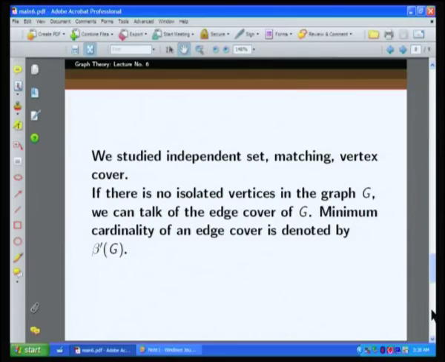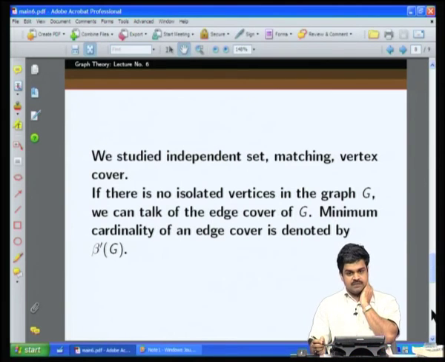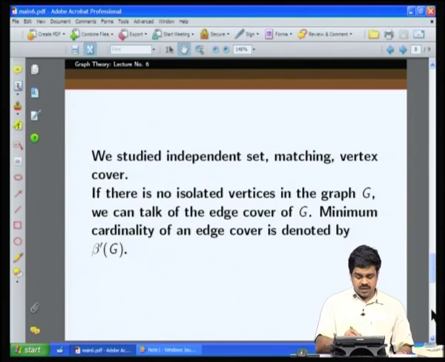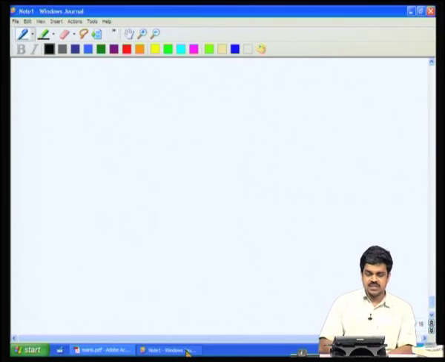So, we studied independent set, matching and vertex cover. Those are the main 3 concepts we went through. So, what do we mean by that? So independent set was a subset of vertices such that if you consider the induced subgraph on those vertices, there is no edge in them.